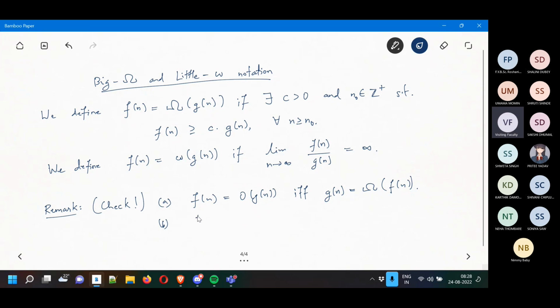And secondly, f of n is little o of g of n if and only if g of n is little omega of f of n. You see, these are mirror image notations. It should be clear to you just by the way we defined it, but anyway, try writing it down. All of you know how to write a proof. Start with the left hand side and prove that the right hand side is true. Start with the right hand side and show that the left hand side is true. Very easy.